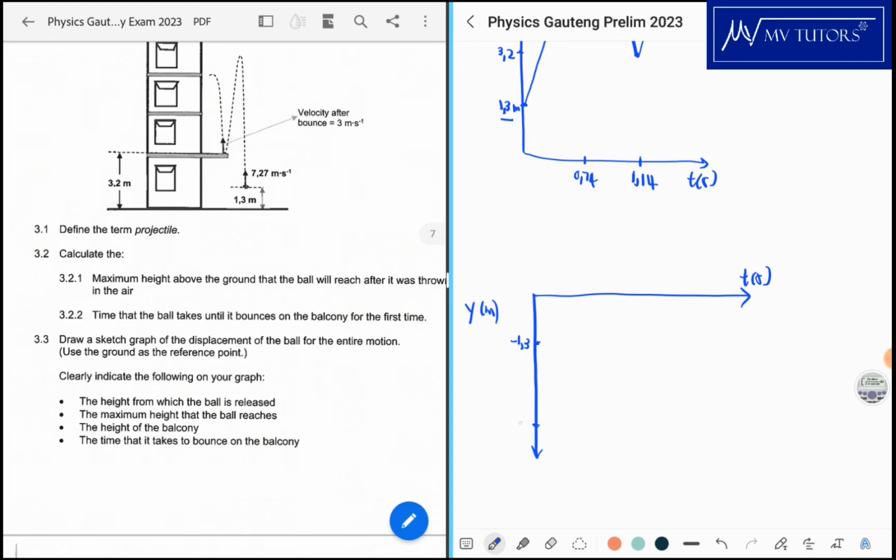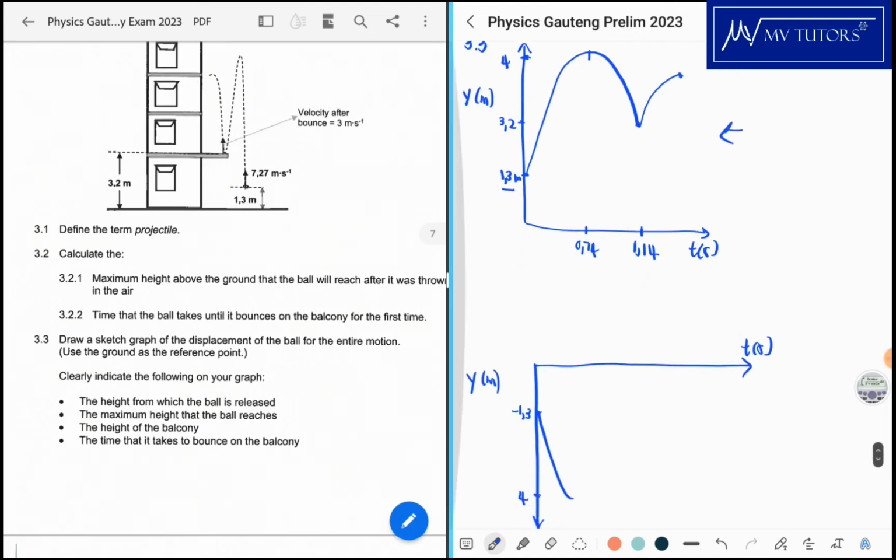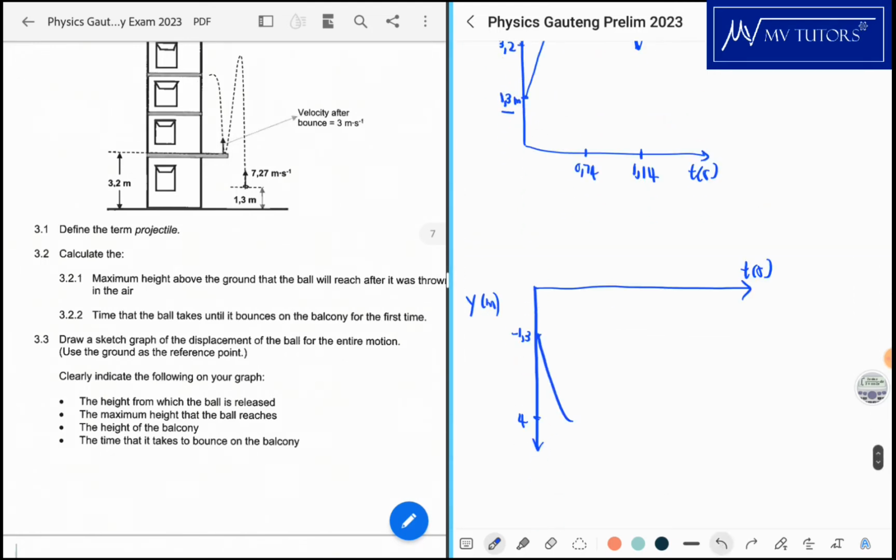And it reaches maximum height of 4. And so it's basically this first graph over here reflected in the x-axis. Okay, so yeah, basically we're gonna have something like that. Okay, this is very exaggerated, but you get the gist.